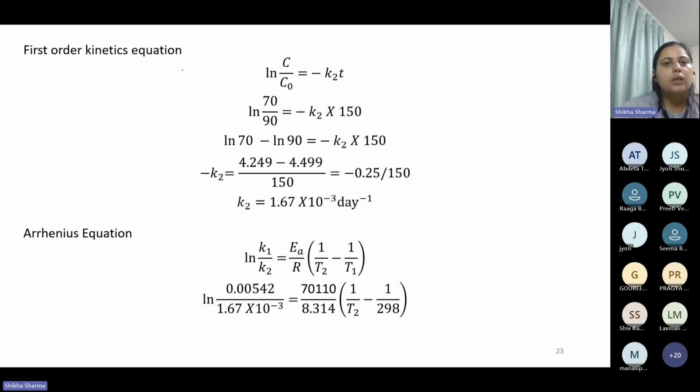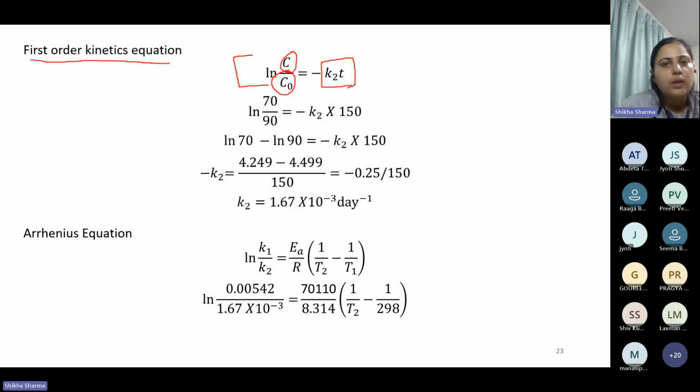Since the degradation of vitamin C follows first order kinetics, like we did in the previous question, we apply the first order kinetics formula. ln C by C naught, that is ln of final concentration divided by initial concentration, equals minus K2 into T, the degradation rate constant into time.